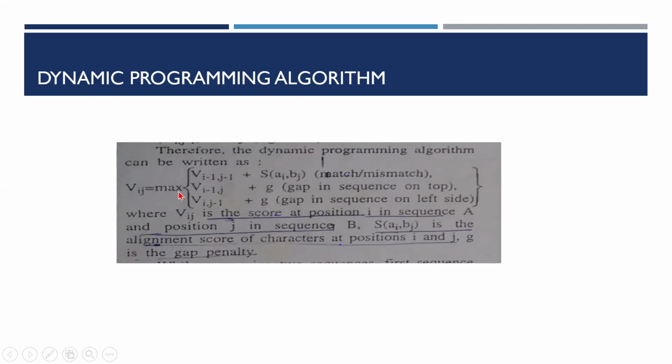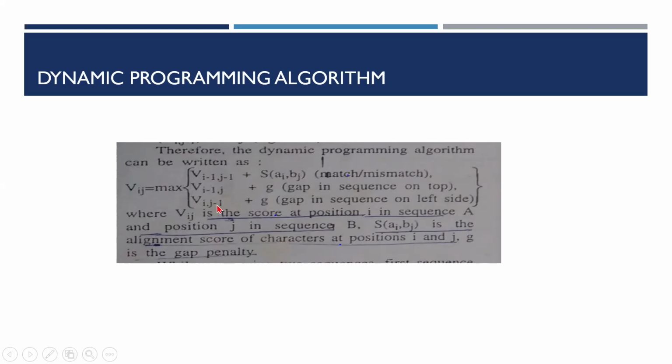That will be the maximum of the diagonal value. There the diagonal value is 0. This becomes 0 plus the alignment score. The alignment score there is a mismatch. For mismatch, the score is given as 0, isn't it? So 0 plus 0, 0. So the first value has become 0. The second value is the above position. Above position is also 0. 0 plus the gap penalty is again 0.